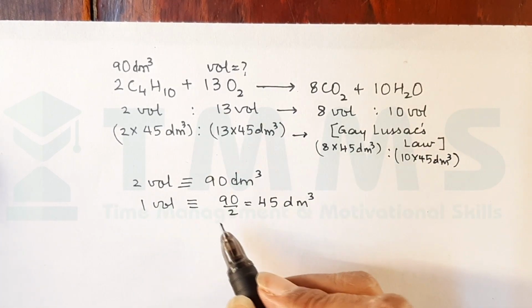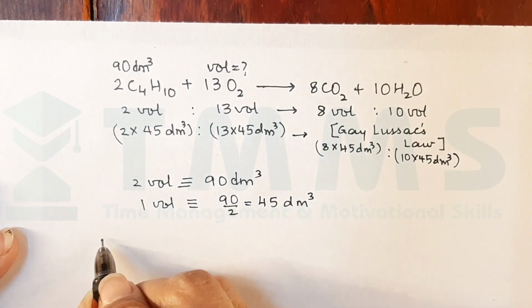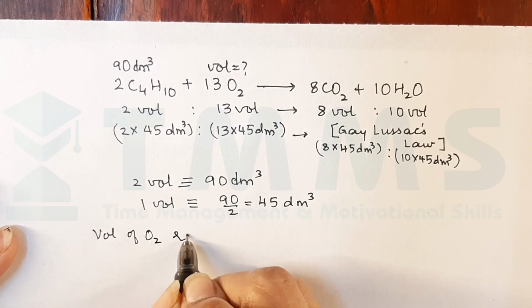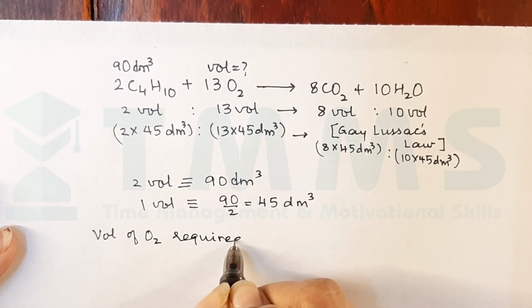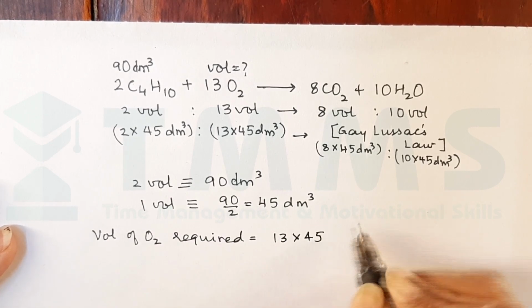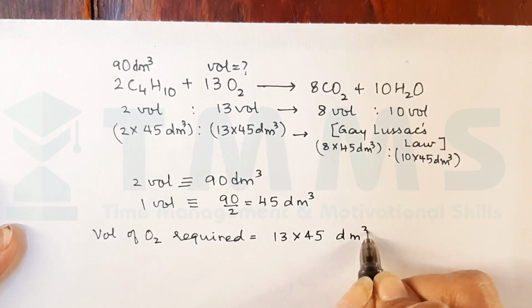Our question is to find the volume of oxygen. So what we are going to say, we'll say volume of oxygen required will be equal to 13 into 45, those many dm cube, correct?